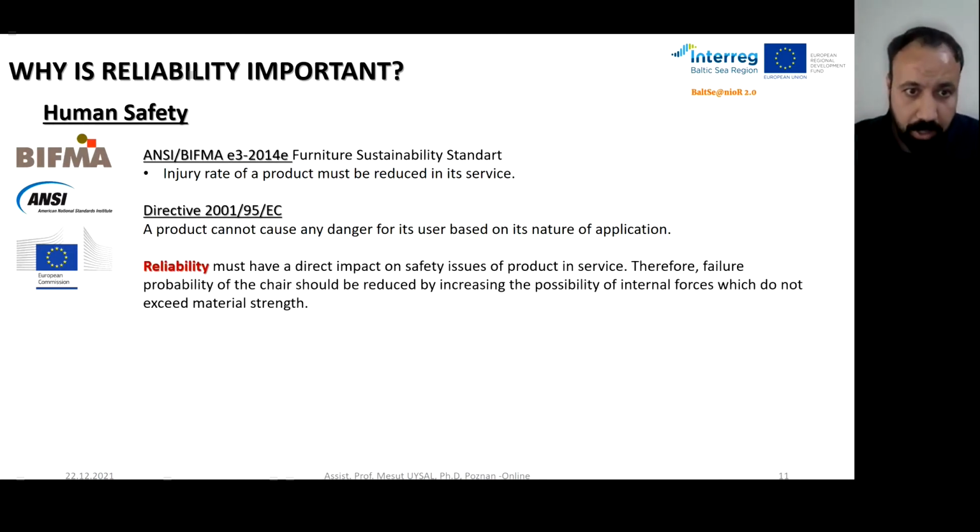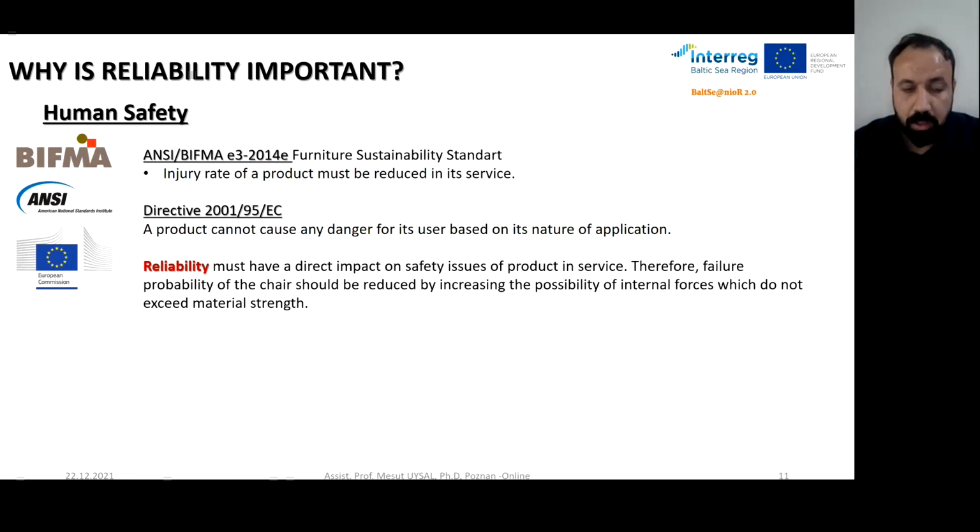So reliability must have a direct impact on the safety issues of a product in service. Therefore, if we decrease the failure probability of the product, we can increase the chance of high reliability. So if we increase material strength or joint strength, we can increase the construction strength.